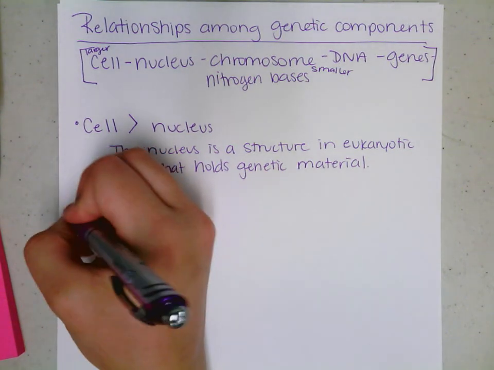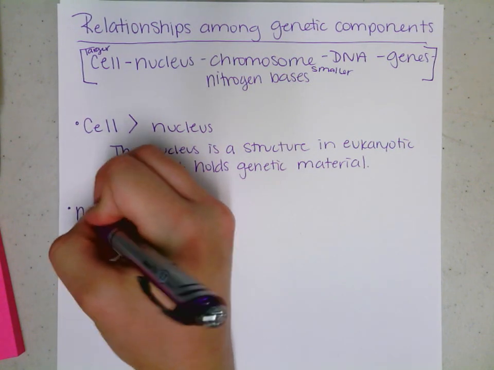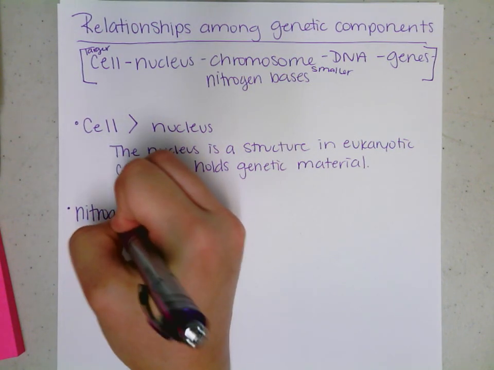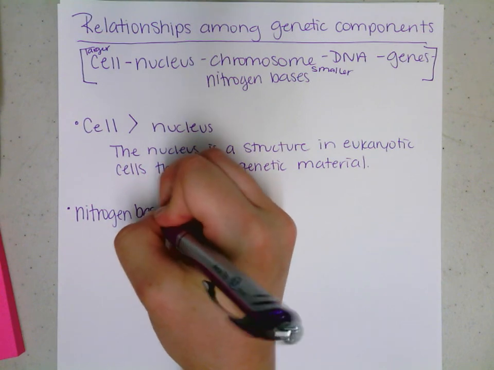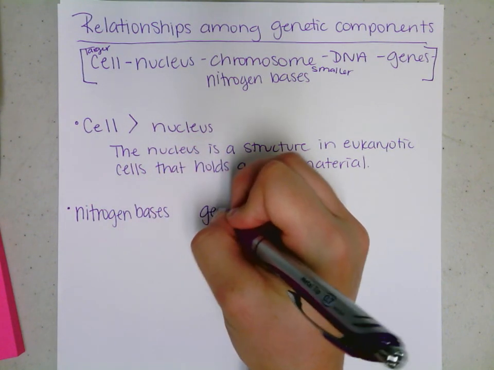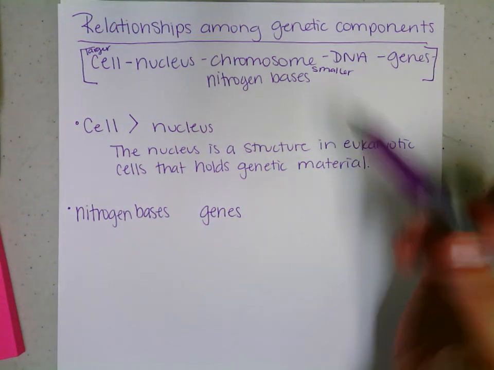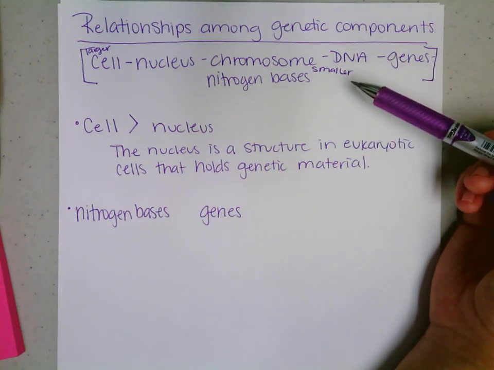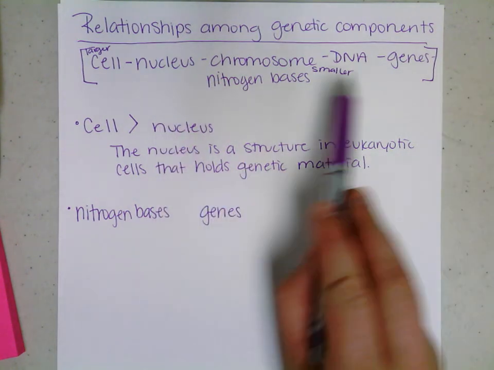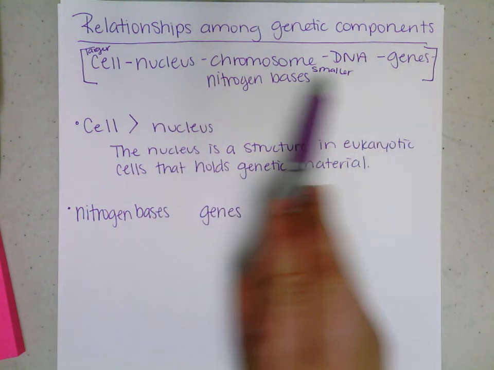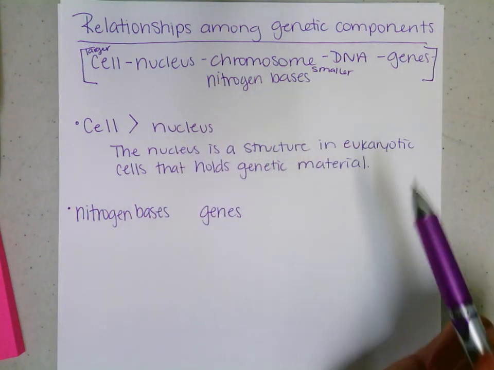Let's try another one. What about nitrogen bases and genes? So once again, our first step is to look on the hierarchy and figure out which one is larger, which one is smaller. We see genes are right here, just before nitrogen bases.